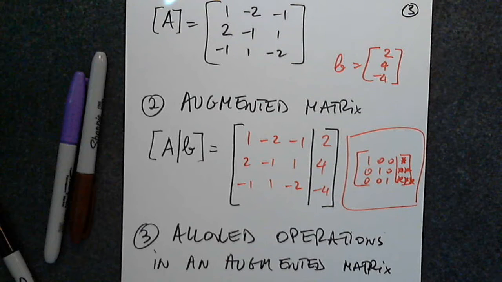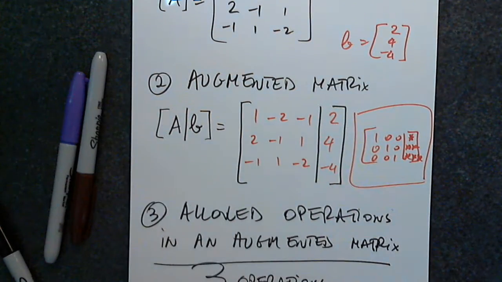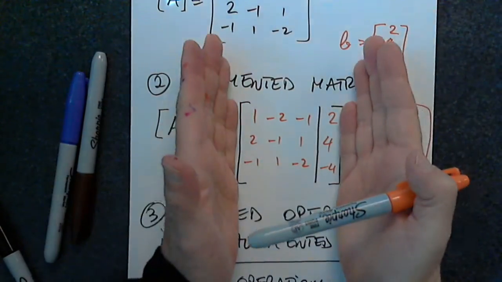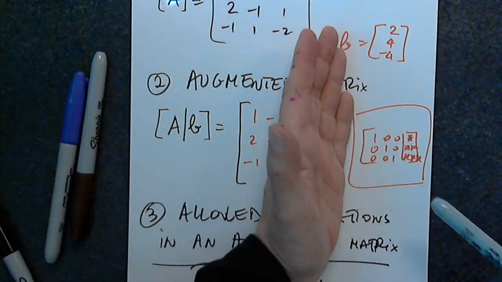But how do I make this into this with these 3 operations? So I wanted to give you the heads up, what are we trying to do? And then we're going to apply these operations in a particular sequence, not just randomly. In a particular sequence, we will bring this into this, and then we'll say, we're done. We solved the system.